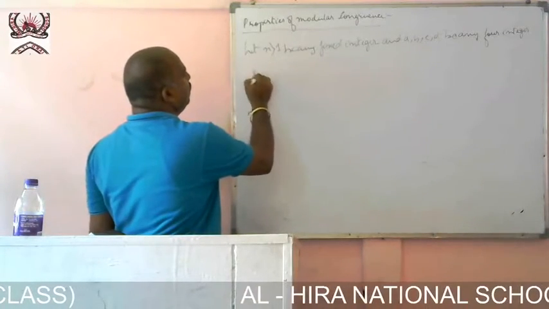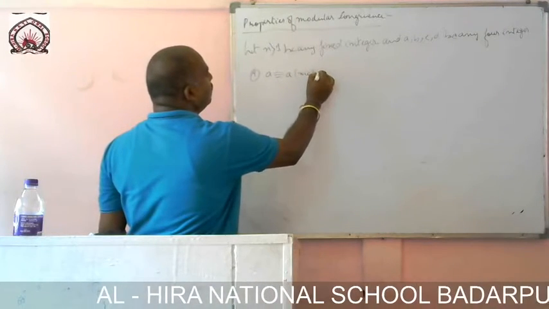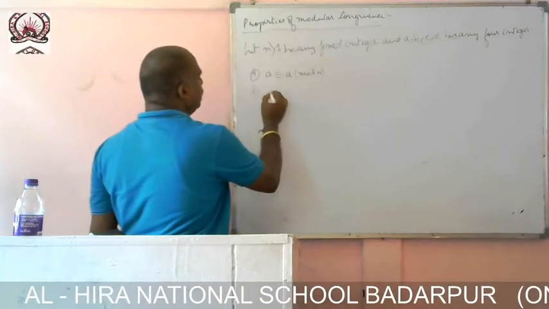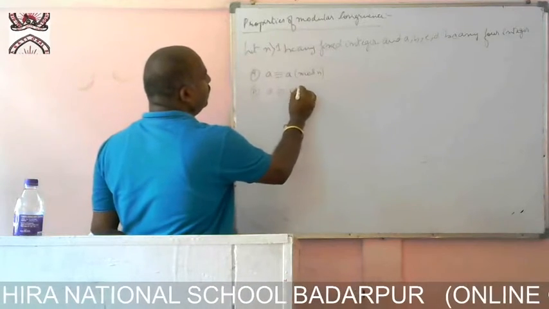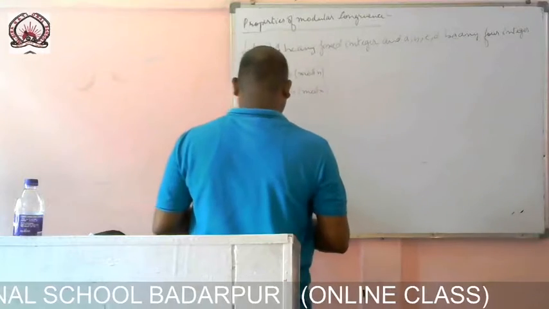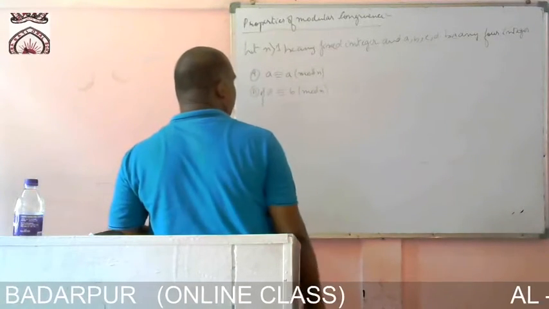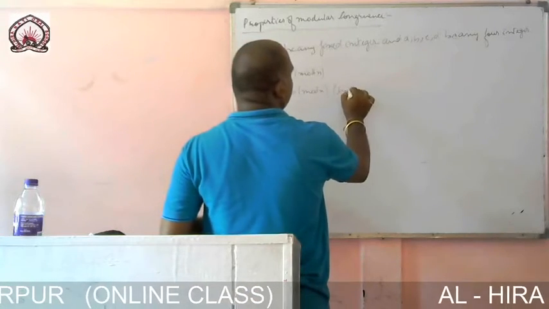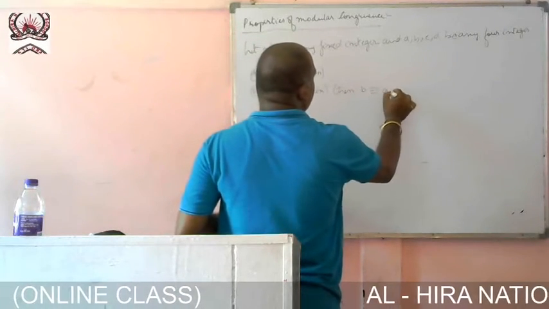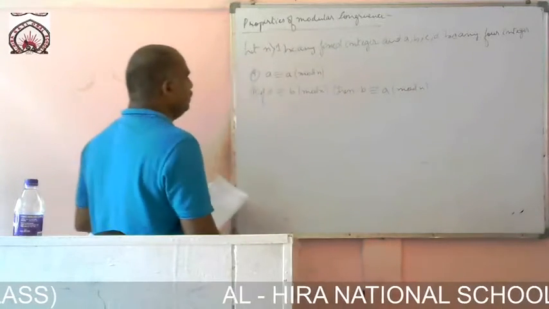Number 1: a congruent a mod n. Number 2: if a congruent b mod n, then we can also write b congruent a mod n.